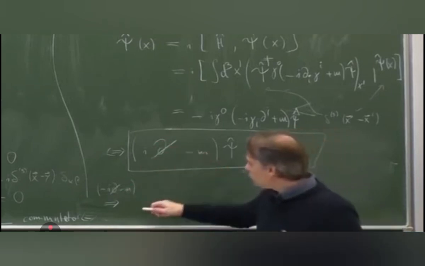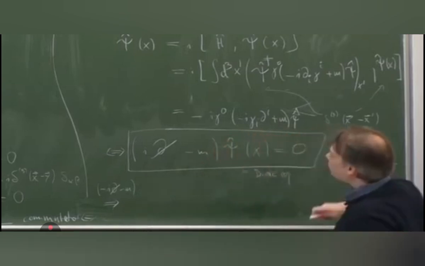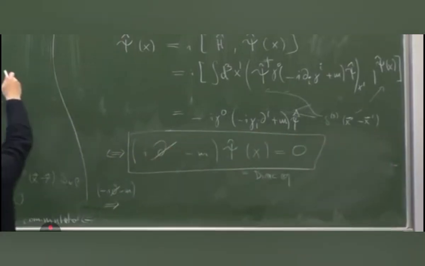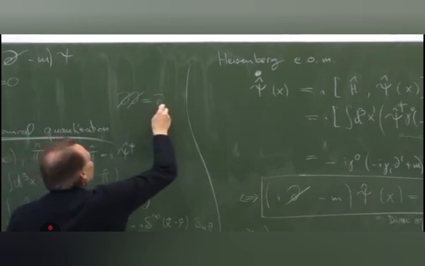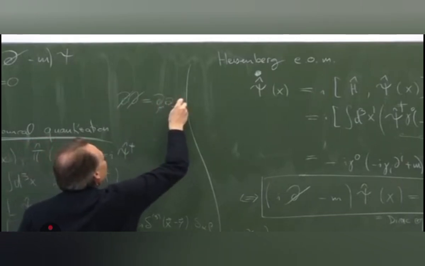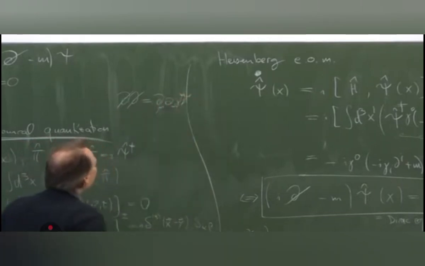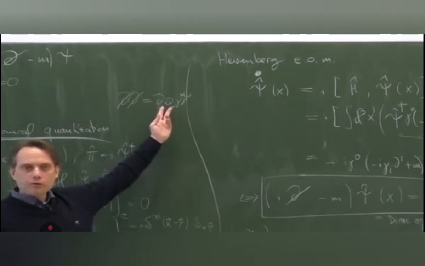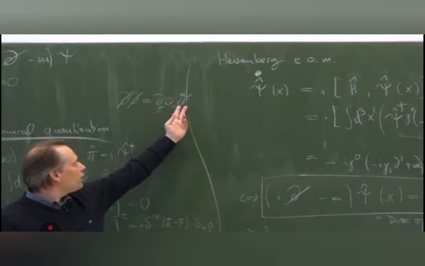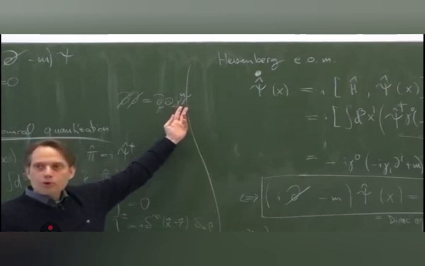And I already told you at some other time, whenever you have something like that, d slash squared, the square of this slash operator, gives you d mu d nu gamma mu gamma nu. So the d mu, d nu are symmetric in the indices because two derivatives commute. And therefore you can replace the gammas by the symmetrized combination, which is 1/2 of the anti-commutator.